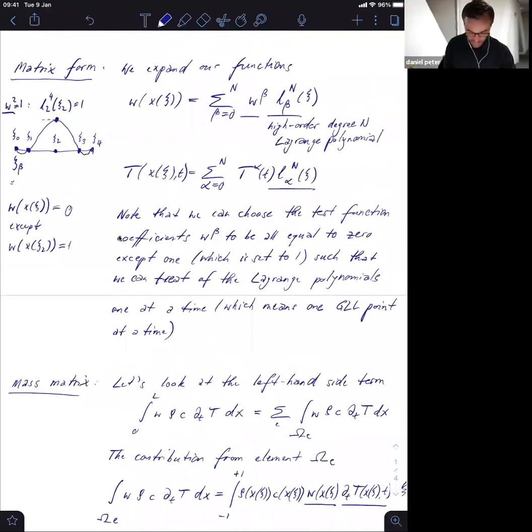So maybe in this one, here the derivative looks something like that. Maybe this one, this one.